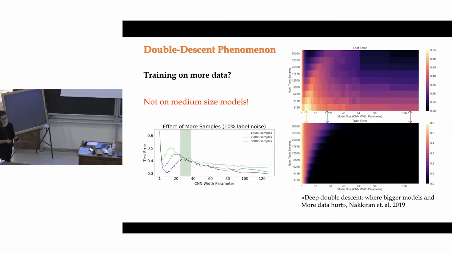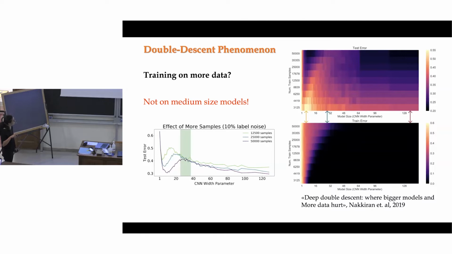I have a model, I feed it with more data, and then I'm expecting to generalize better. And this plot shows you, again, comparing training on the same amount of epochs, so caveat, that this is not for free, because for instance, for a medium-sized model, if I increase the amount of data, it's not for free that it gets better.